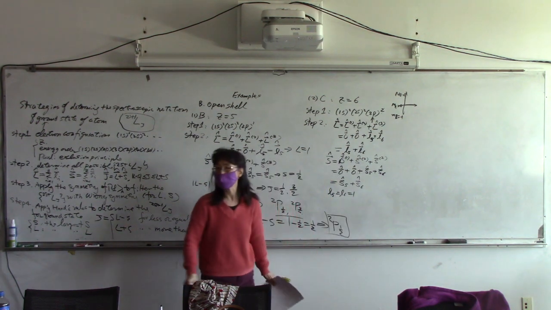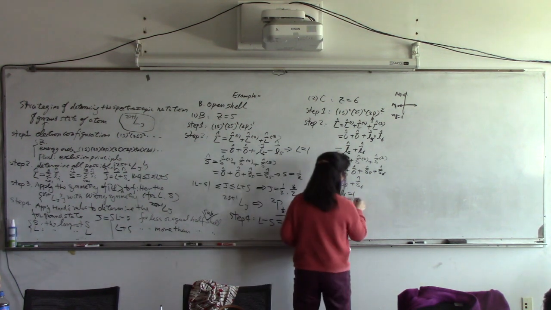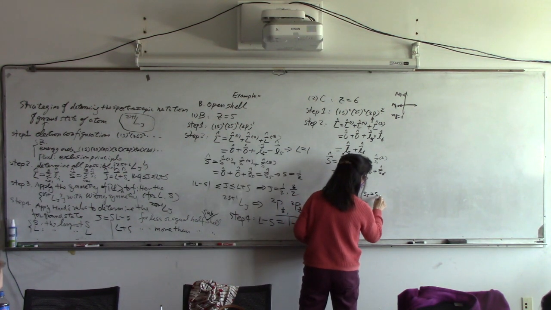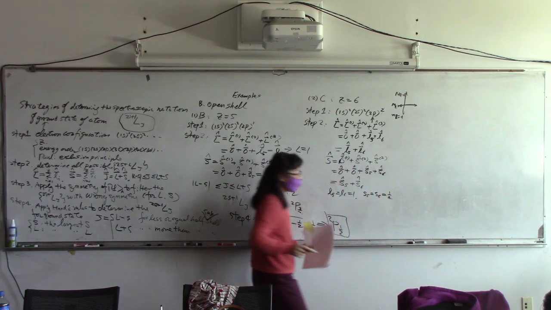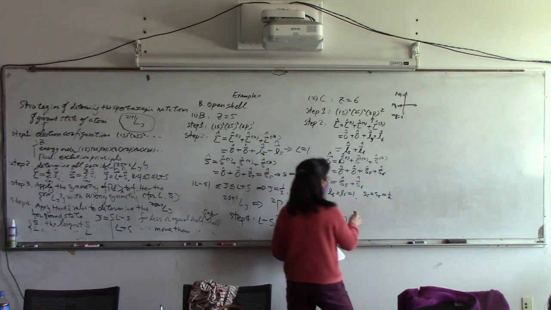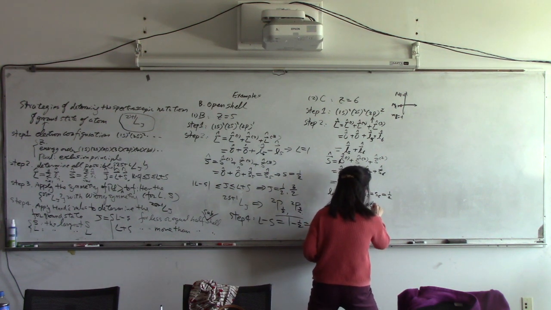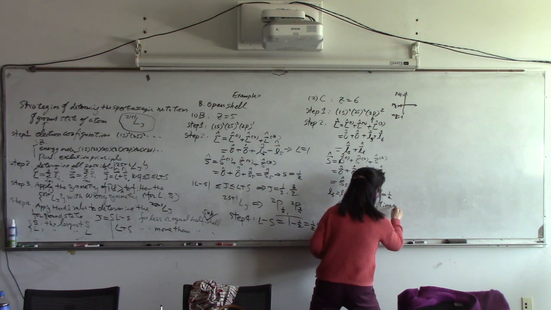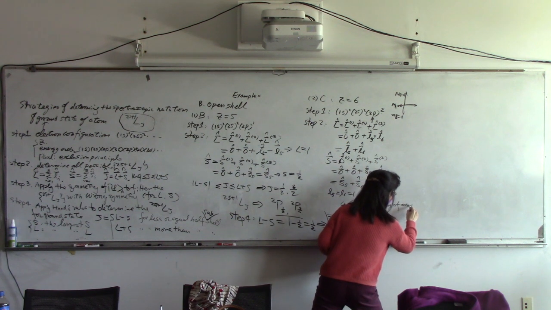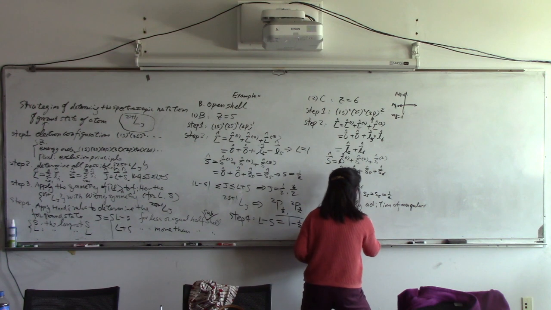Because it is a p orbital. S5 and S6 are the spins. So now we know these numbers. Then we apply the addition of angular momentum.